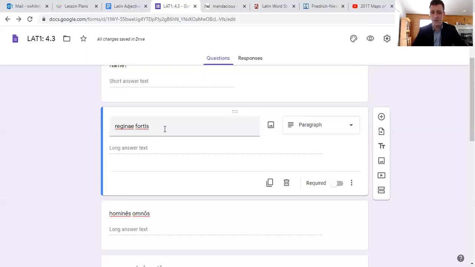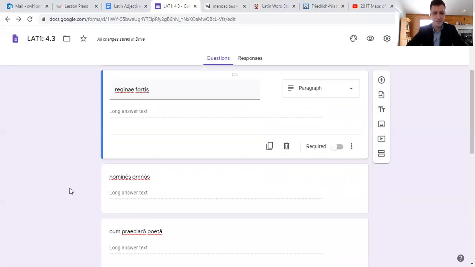Now, nominative plural, which regine could be, fortis cannot. It would have to be fortes with the long es in the third declension. So even though this noun, regine, could be three things, think your way through it. Look at the adjective. The adjective can only be genitive singular. So the answer to number one can only be genitive singular feminine, and you translate it like of the brave queen. Okay?